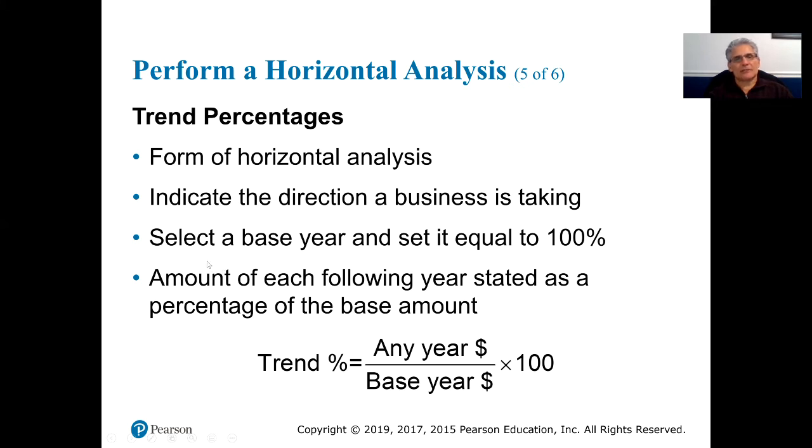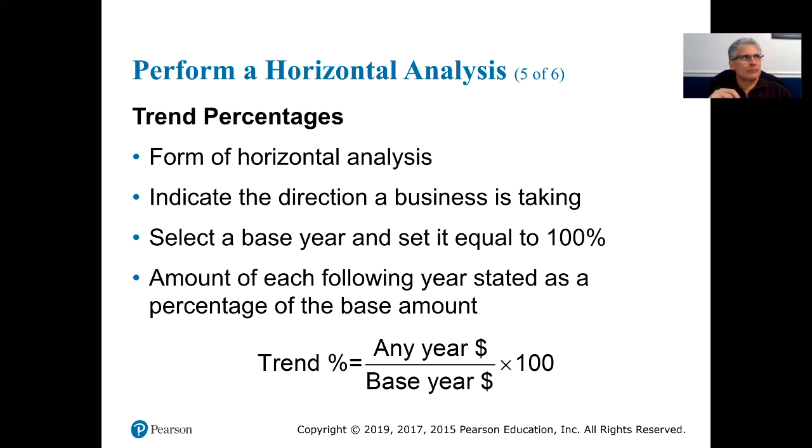In most cases, you're going to have a number of years that you're going to be comparing, more than 2. Usually we're comparing just 2 and seeing the difference, but when we're doing trend percentages, we're probably looking over a number of years. We're going to select a base year, and that is equal to 100%. And then the amount of each following year is stated as a percentage of the base year.